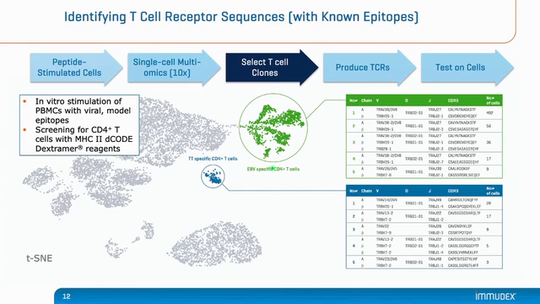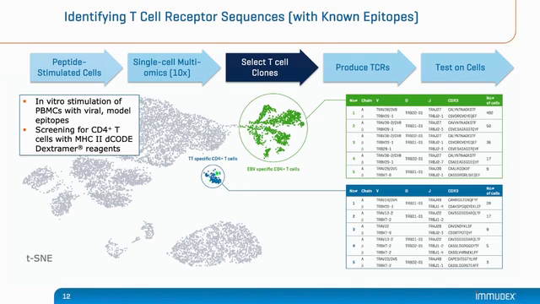Here's an example where we've used the single cell sequencing setup. Here we've taken a pool of PBMCs, we've stimulated them with a couple of viral model epitopes, one for tetanus toxoid, one for an EBV epitope. Following peptide stimulation, the PBMCs have been stained with MHC peptide dextramer reagents specific for these two peptides.